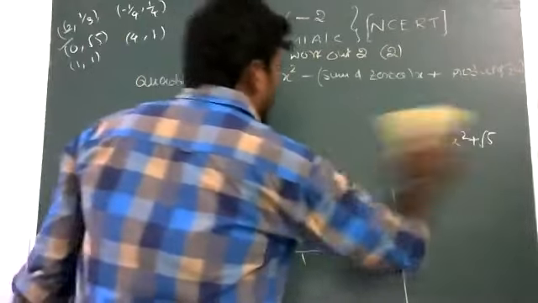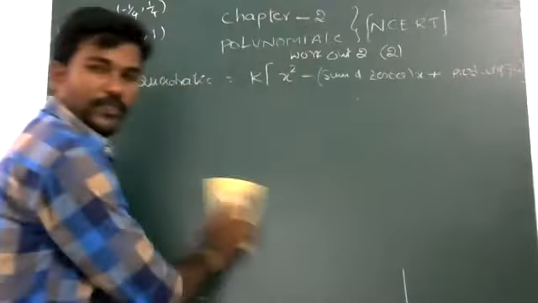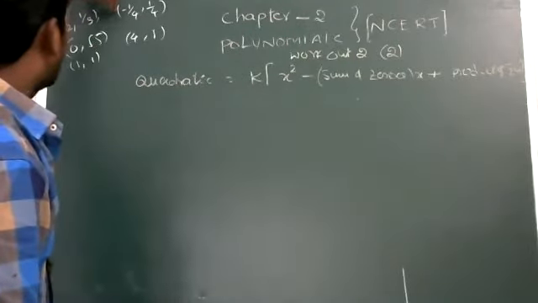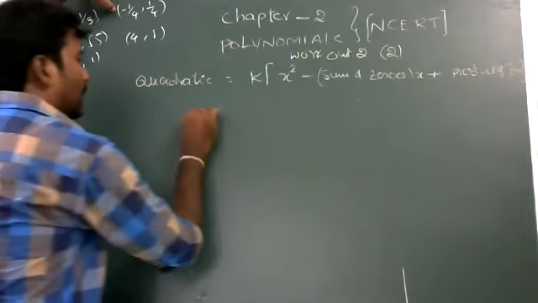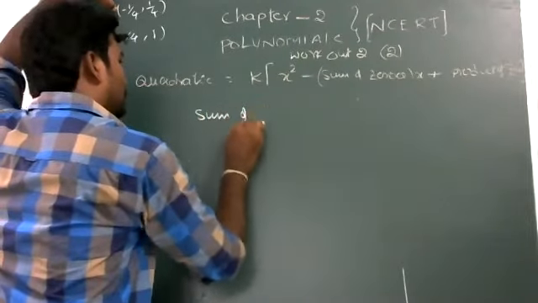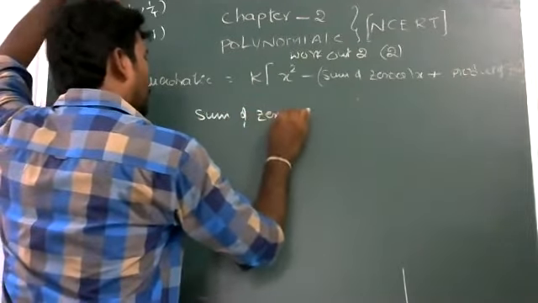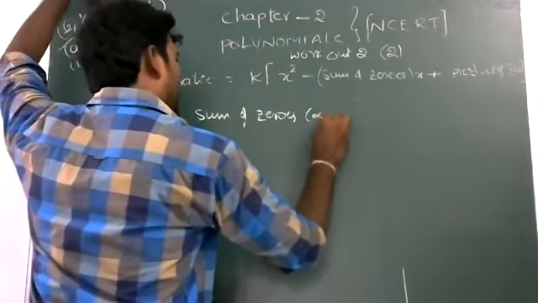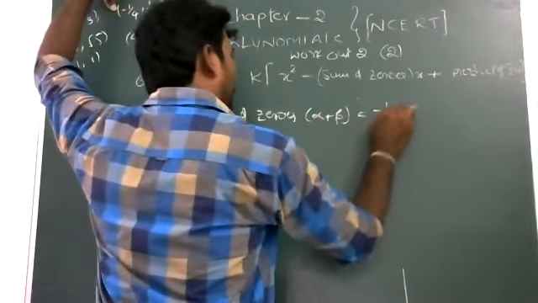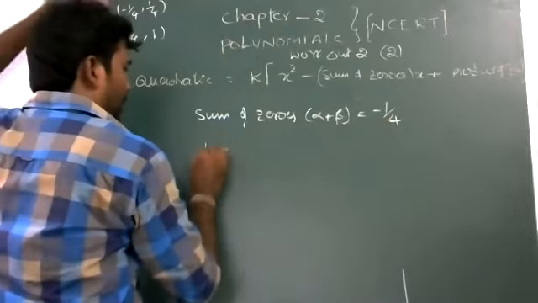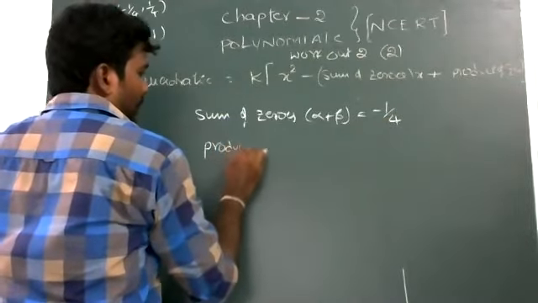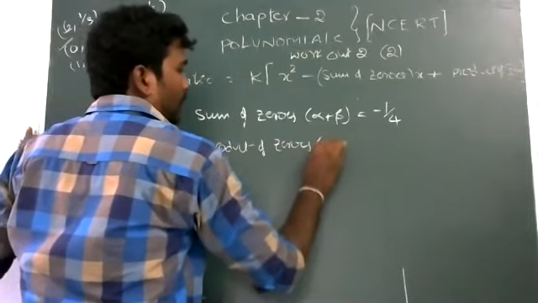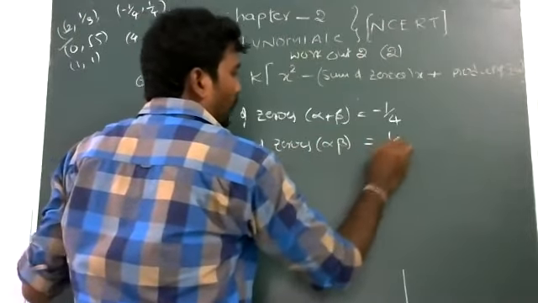Now I am going to explain one more problem in this method. That's also minus 1 by 4 and 1 by 4. Here you can write the sum of zeros, nothing but alpha plus beta, equals minus 1 by 4, and then the product of zeros, alpha beta, equals 1 by 4.